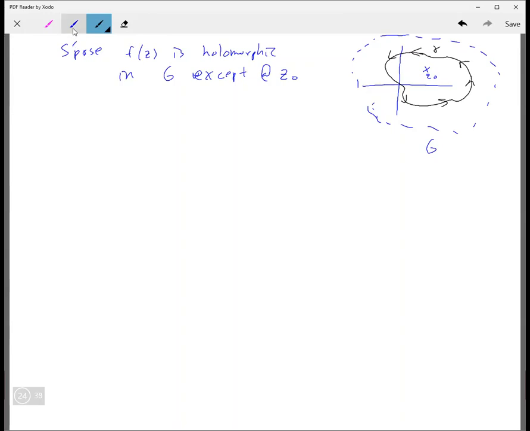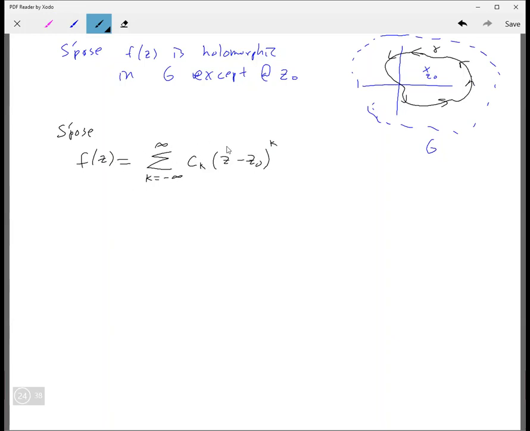Now let's also suppose that f of z, if we expand f of z about z naught in a Laurent series, I'm going to do it this way, so we have c k over z minus z naught, expanded about this point here in a Laurent series like that.